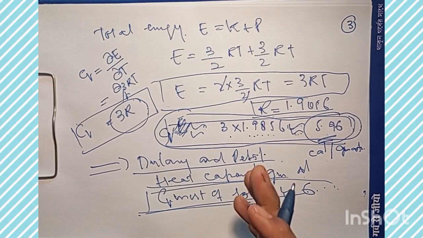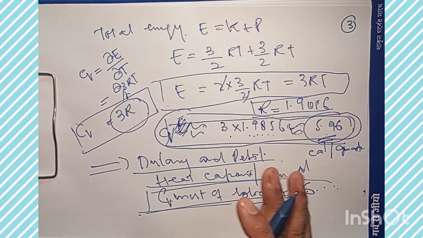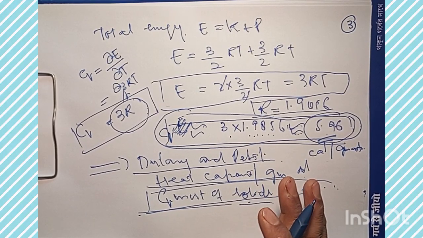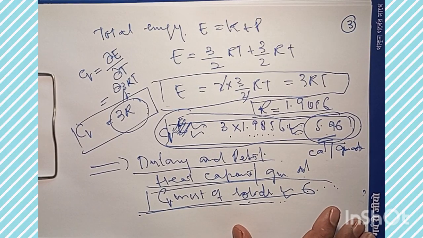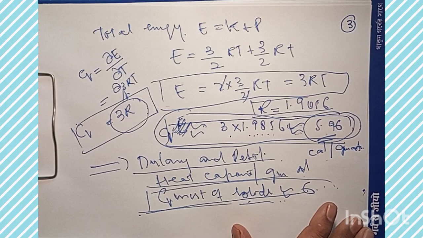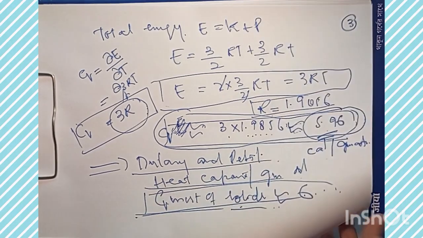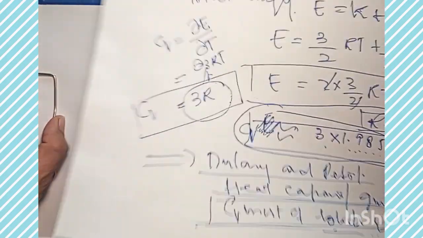However, the law fails completely when we apply this law to light elements like carbon at low temperatures. What we see is that the specific heat varies with temperature, and it tends to go down to zero.